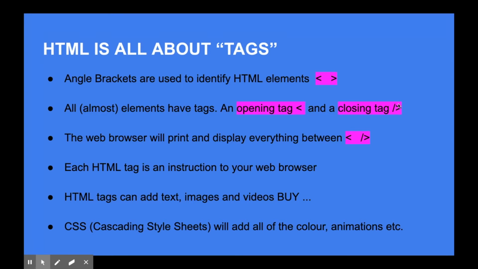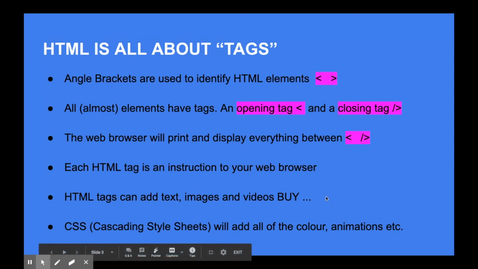A closing tag has a backslash and the closing angle bracket. The web browser will interpret, print, or display everything that's in between an opening tag and a closing tag. Each of these tags is an instruction to your web browser.